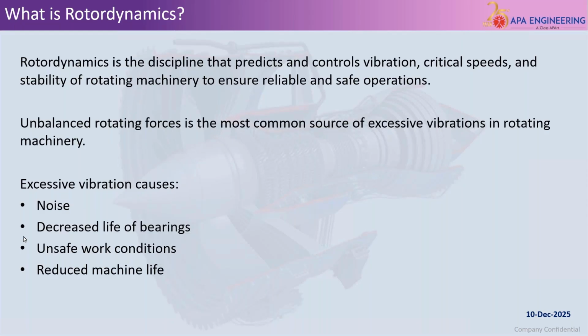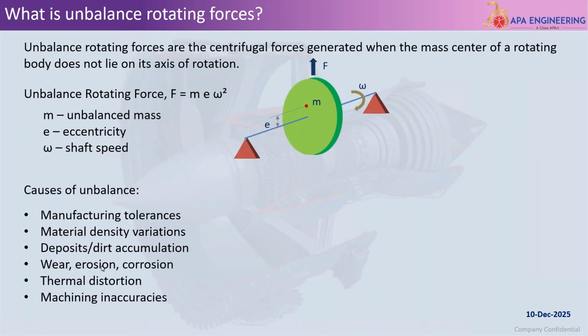So the rotordynamics study helps us ensure reliability and safety during the overall machine operation. Like I said in my previous slide, the most common cause of excessive vibration is rotating unbalanced forces. Now, let's look at what is the meaning of unbalanced rotating force.